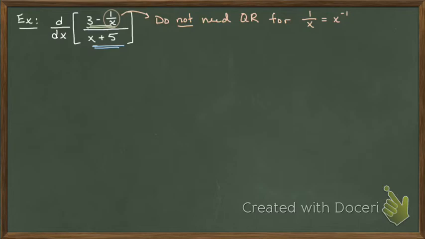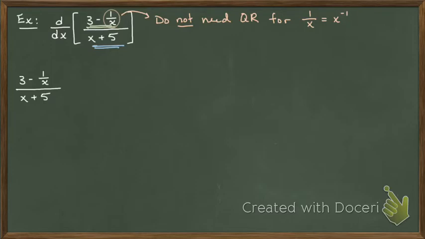Remember that can easily be rewritten as x to the minus 1, and I can apply power rule there. So just keep that in mind. I don't have to do quotient rule every time I see a quotient. Just be careful, okay? So what I do here, I'm going to take this quotient, and in fact, I'm going to try to make this easier on myself.